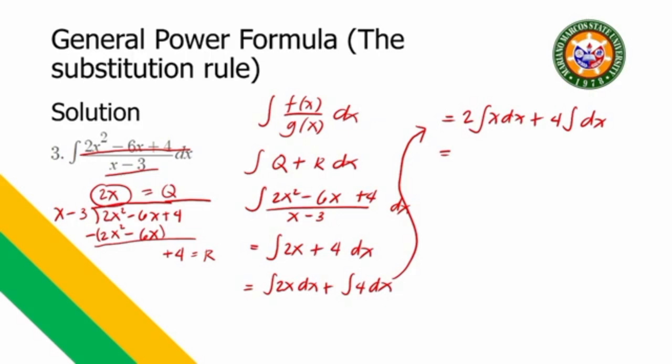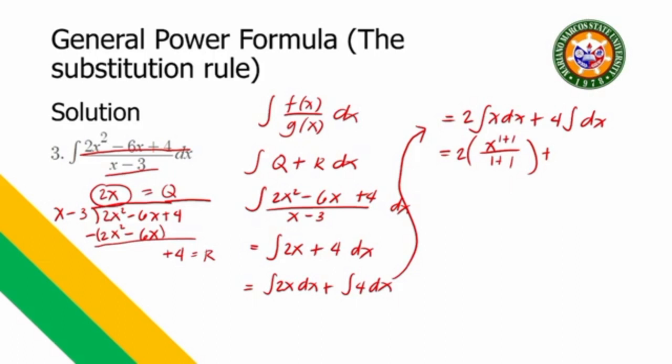So integrating, we will have 2 times, x has an exponent of 1, so this will be equal to x raised to 1 plus 1 all over 1 plus 1. We will not add any constant, we will just add it at the end of integrating the whole equation.